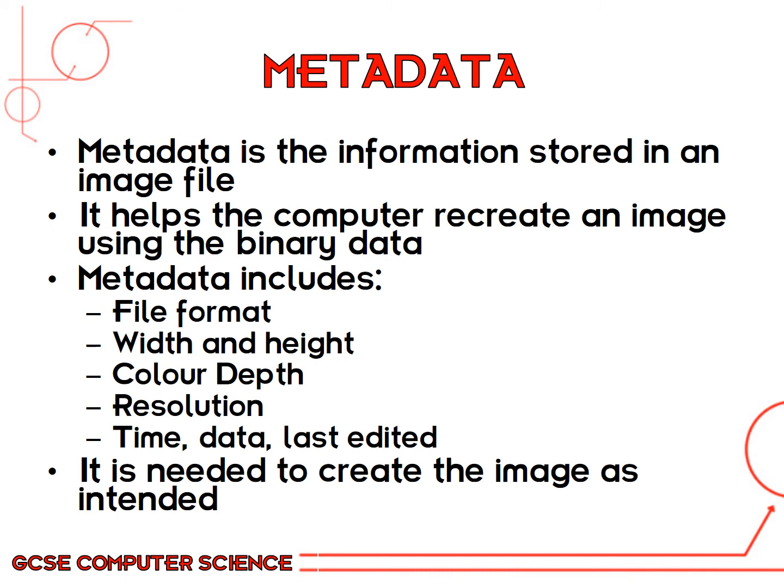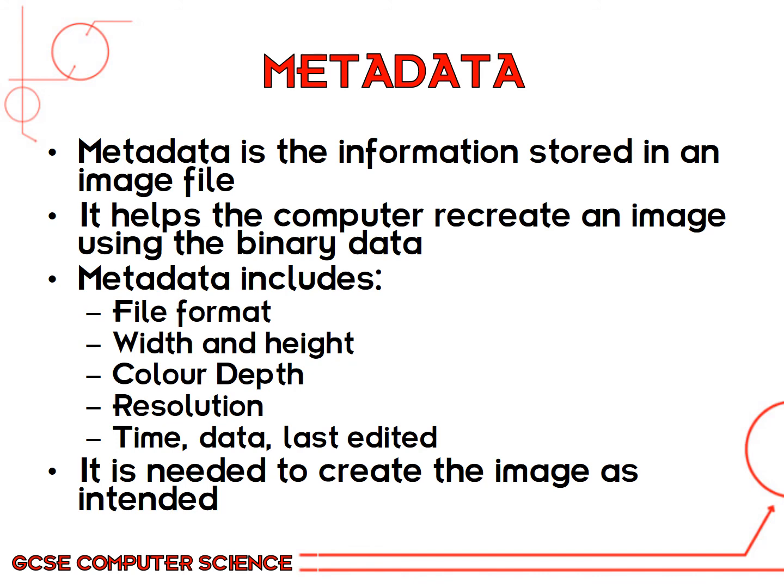Metadata includes the file format, so whether it's a JPEG, a GIF, a bitmap, a TIF file, any of those different formats. It also includes the width and the height of the image, so it knows which pixels are going across and which pixels are going up and down.